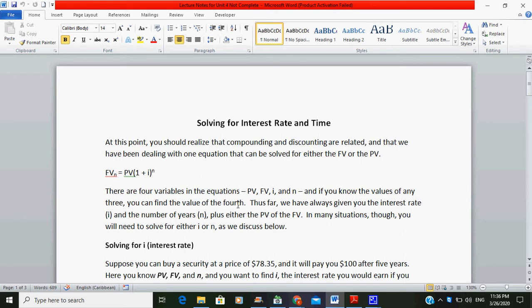Thus far, we have always given you the interest rate, which is I, and the number of years, which is n, plus either the present value or the future value. Now you will need to solve for either I or n. We'll look at solving for I first.